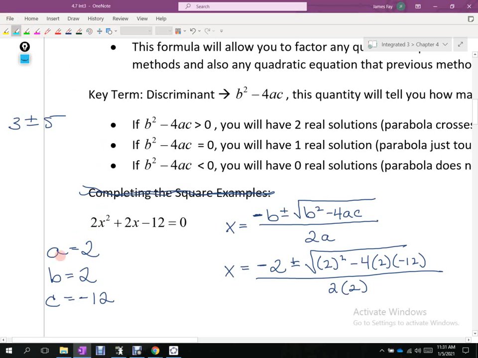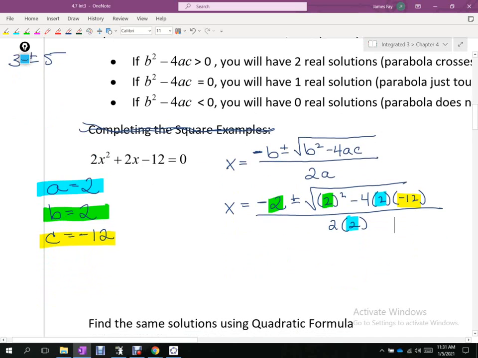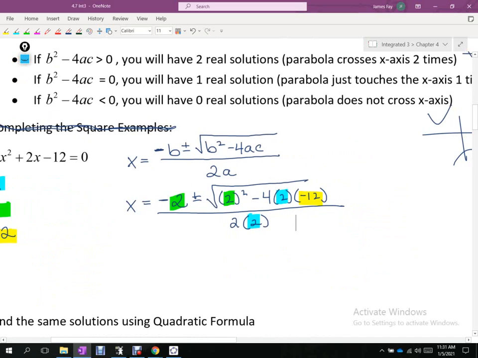Let me highlight things here to give you an idea of where those terms came from. Opposite b, plus or minus the square root of b squared minus 4ac, over 2a. Now, order of operations tells us that we need to look inside parentheses first.